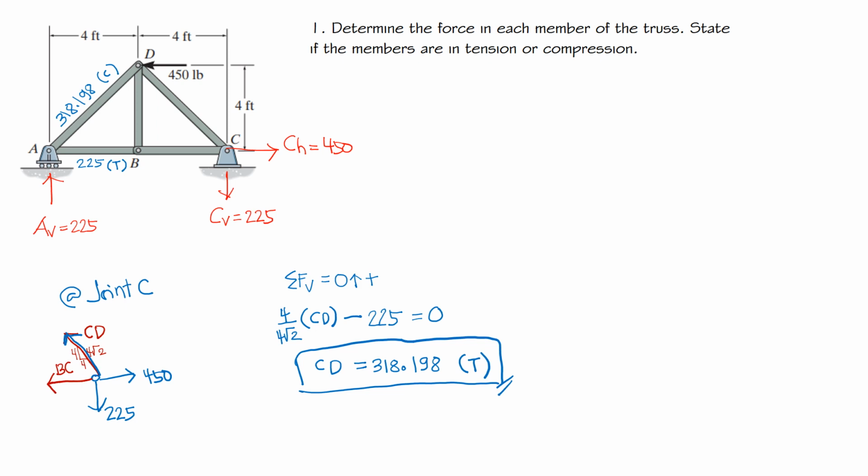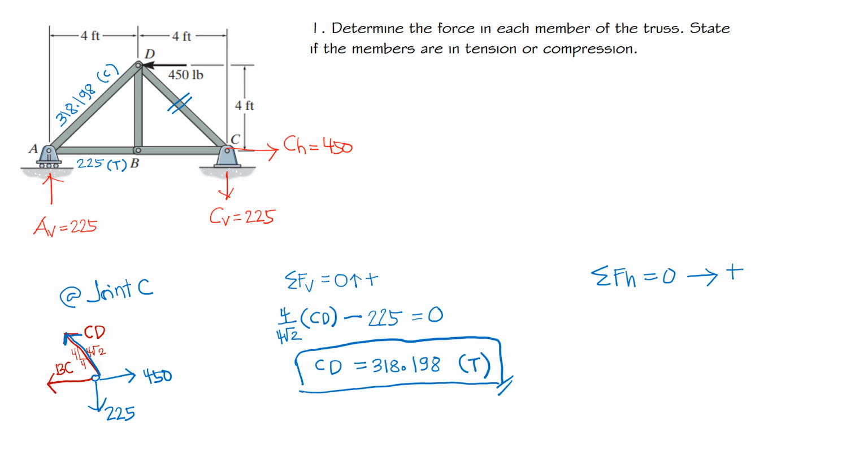So CD has been solved. Next, summation of forces horizontal is equal to 0, setting going to the right as positive. So what are the forces involved? We have horizontal force BC, we have 450, and the horizontal component of this member CD.